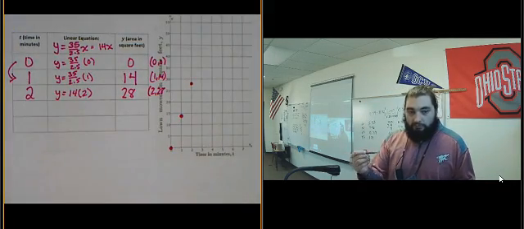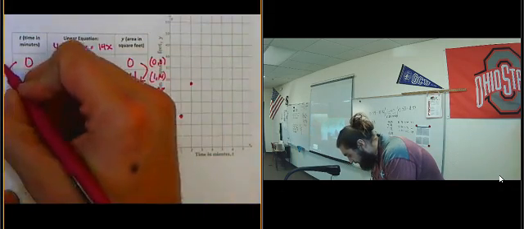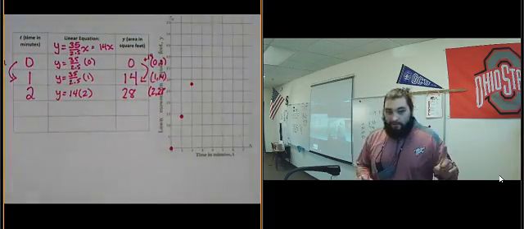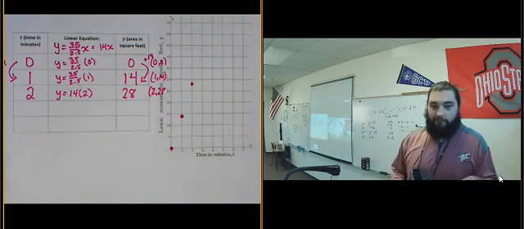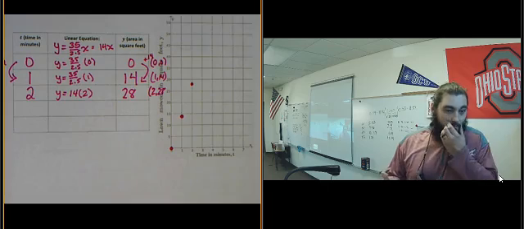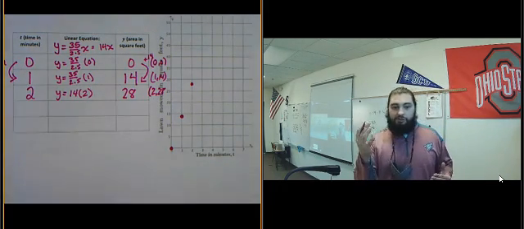We went from 0 to 14. So that was an increase of 1 here and an increase of 14 here. That should make sense. Our rate of change, our constant rate, our slope, our constant of proportionality is 14. So whenever we change x by 1, y should change by 14.